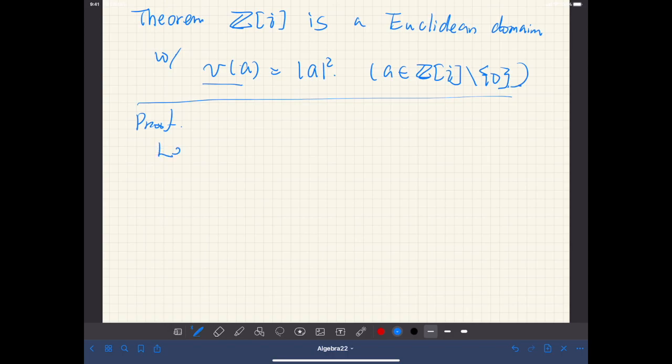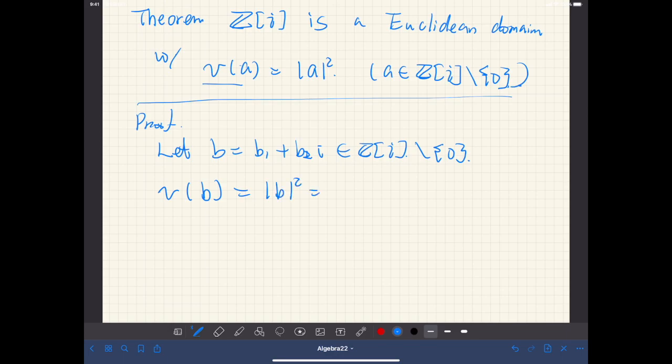Okay, so let B be an element of Z of I, and which is not 0. Then the value of V of B is equal to B modulus squared, and that is B1 squared plus B2 squared.